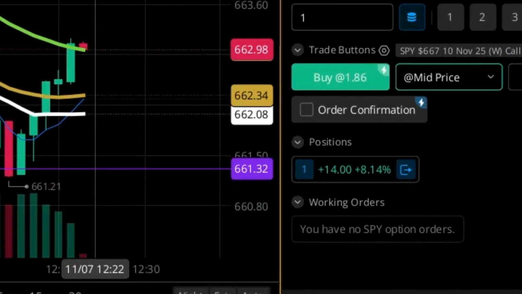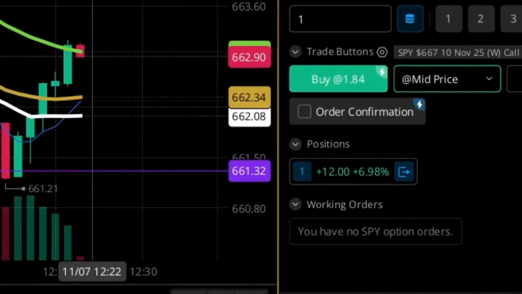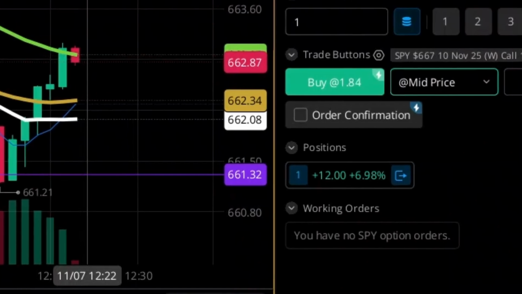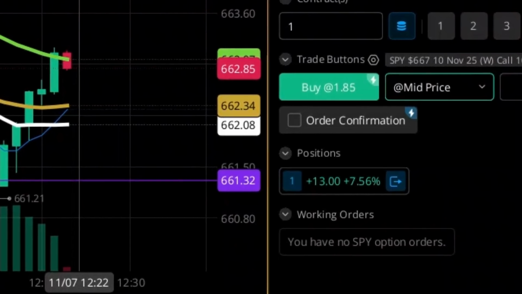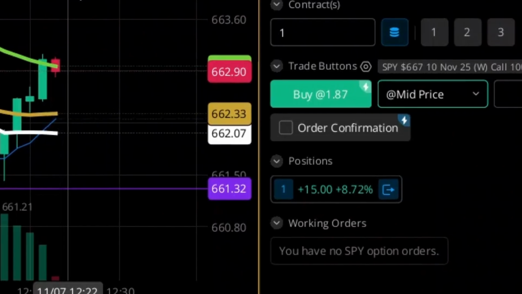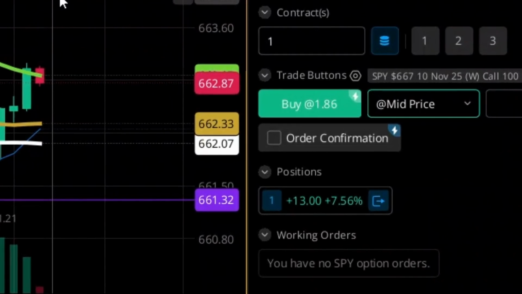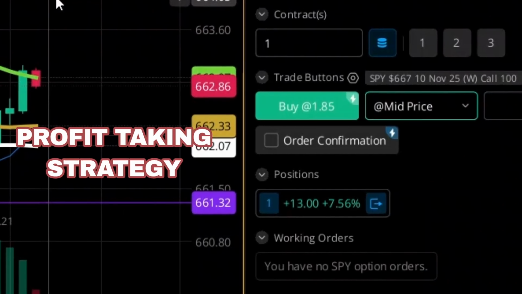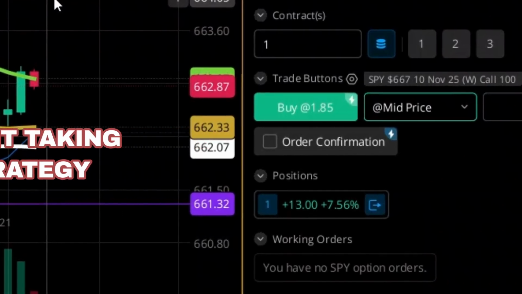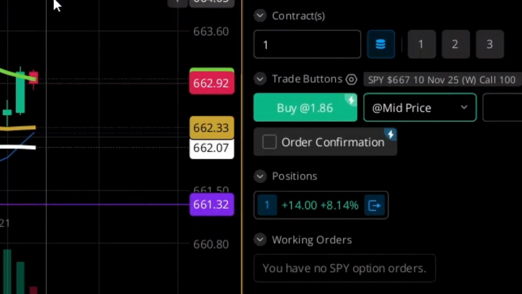So we can't just have an entry and exit strategy. To maximize our trades, our experience, and our time, we need a profit-taking strategy. A profit-taking strategy is to add contracts to your winning plays, take profit at 20%, and then allow the second contract to run.